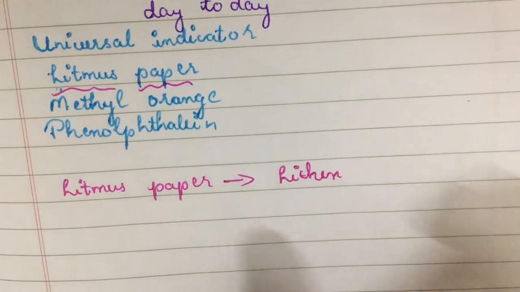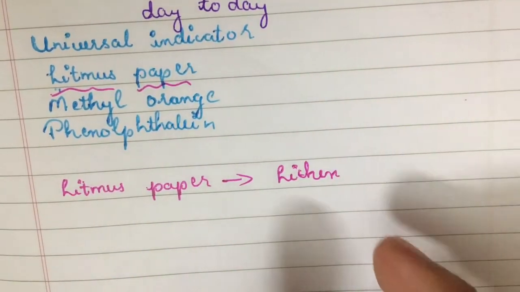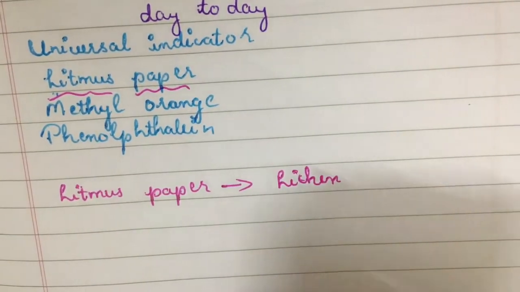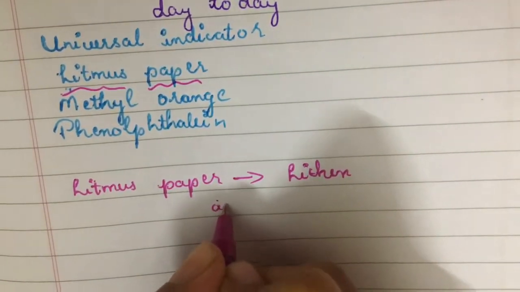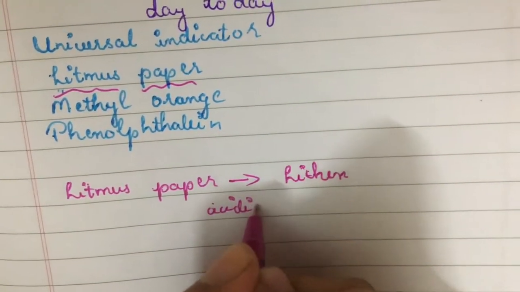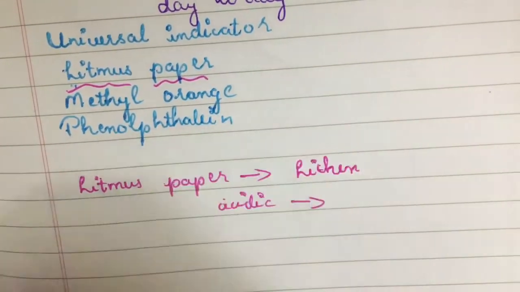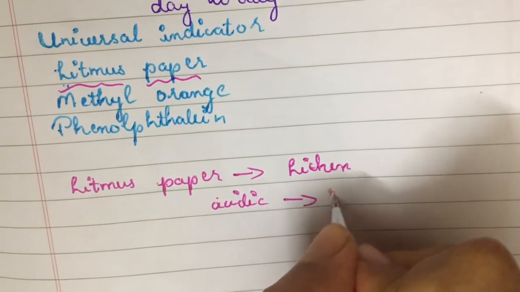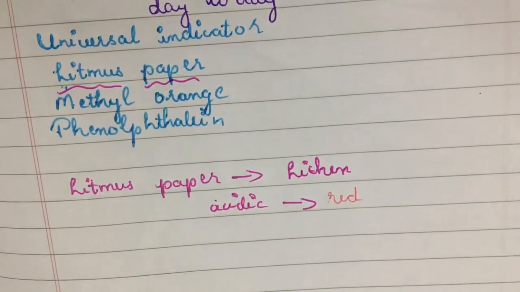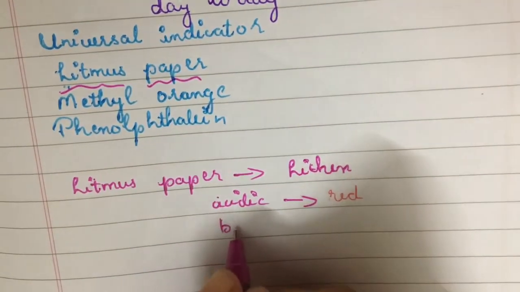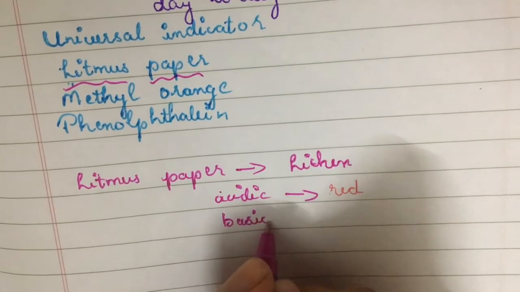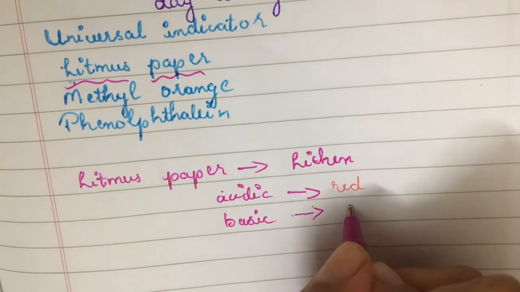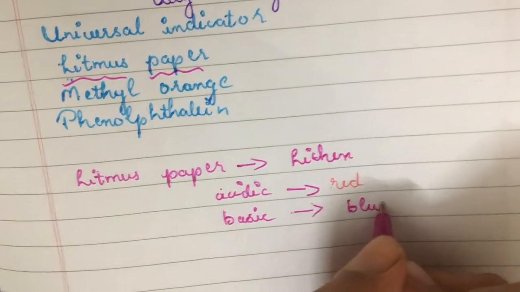So in acidic medium, this litmus paper will show red color, and in the case of basic medium, when this litmus paper is dipped in the basic solution, it will show blue color.